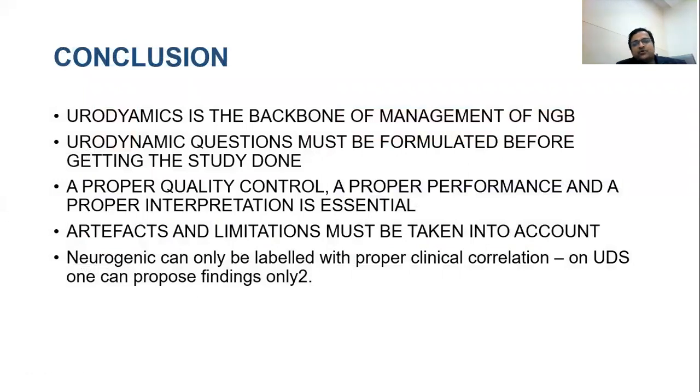So finally, urodynamics is the backbone of management of neurogenic bladder and even functional voiding dysfunctions where there is high risk for upper tract damage. Urodynamics questions must be formulated before getting the study done. A proper quality control, a proper performance, which includes making the child comfortable with the environment.